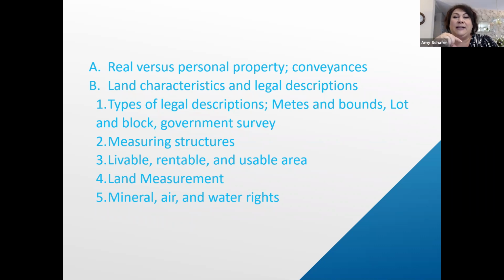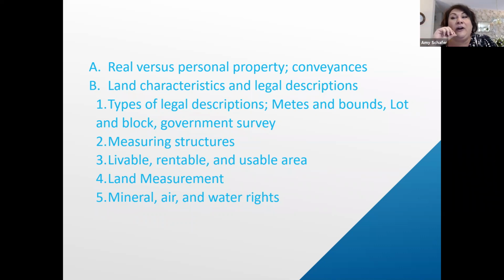Your government survey is going to kind of be the next one that it phases into. And this is where the US government started moving west and acquiring territory, and they decided to get organized. So this is where they used terms of townships and sections. I do think it's important on the exam for you to know that a township contains 36 sections.